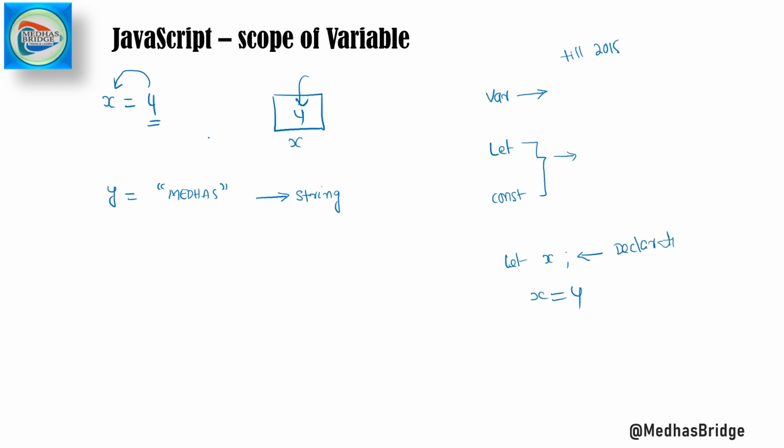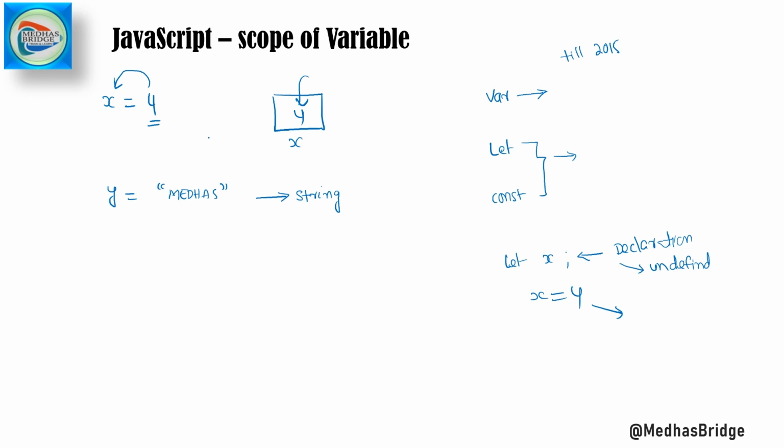Your declaration is done, but you have not assigned any value to it. If you don't assign a value, then we call it undefined. Undefined means you have not assigned a value. If you assign a value like this, it is called defined. So it is always nice to declare the variable first and then start using it, assigning or modifying the value.